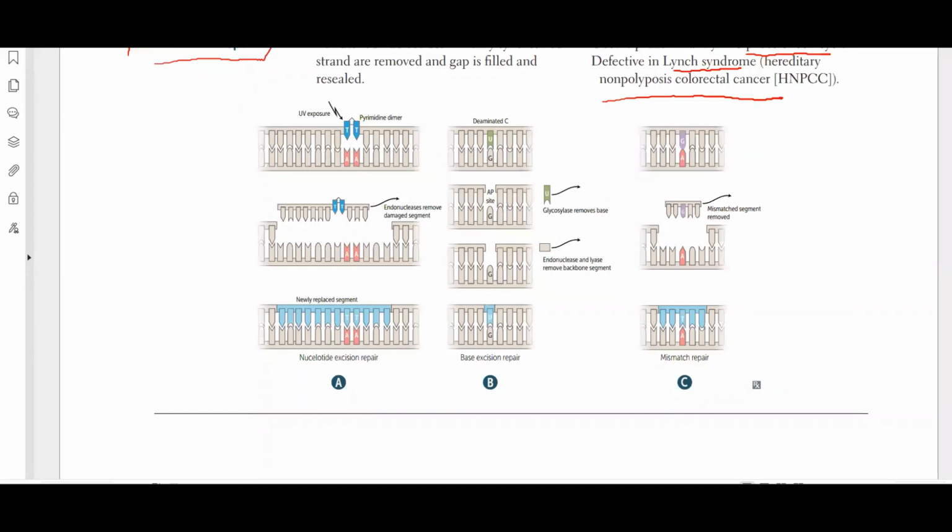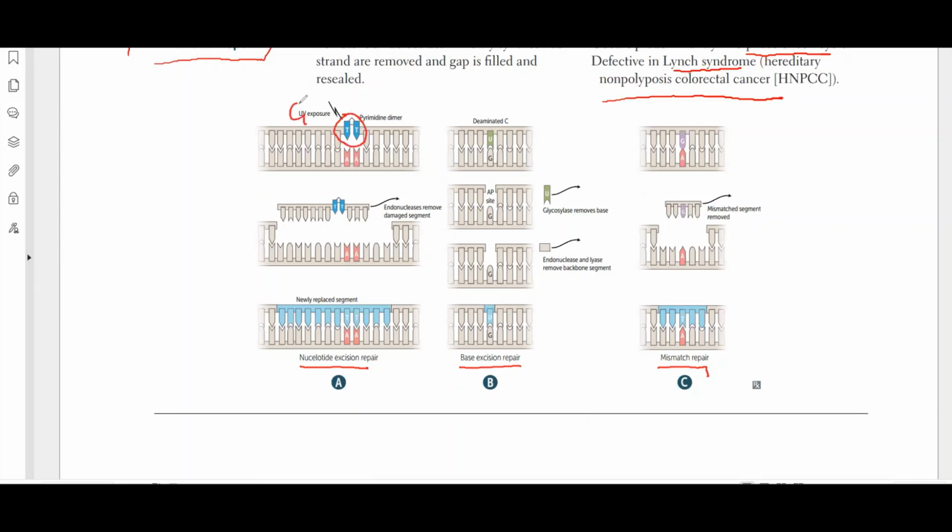As we already know, single-strand DNA repair is of three types: nucleotide excision repair, base excision repair, and mismatch repair. First, what happens in nucleotide excision repair? Here there is a thymidine dimer.